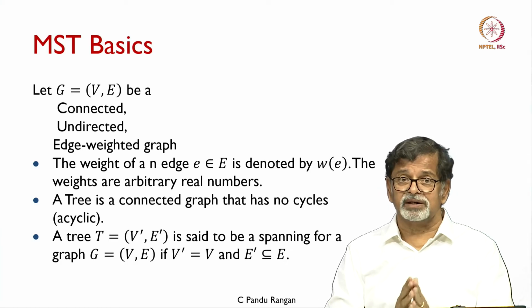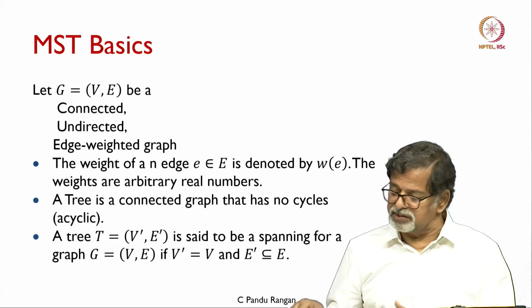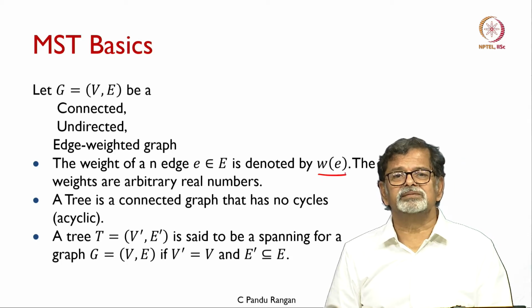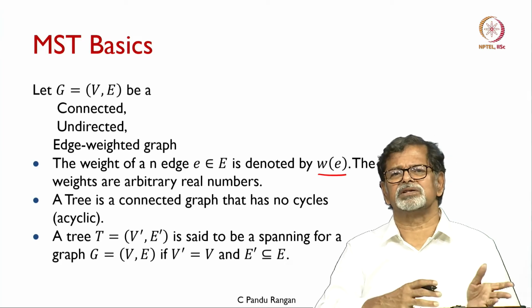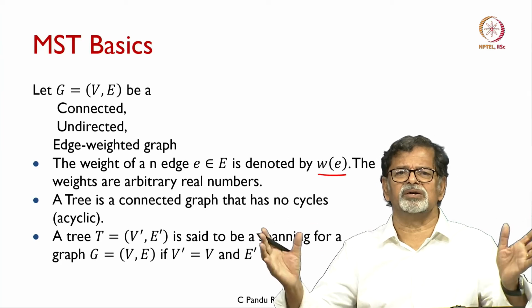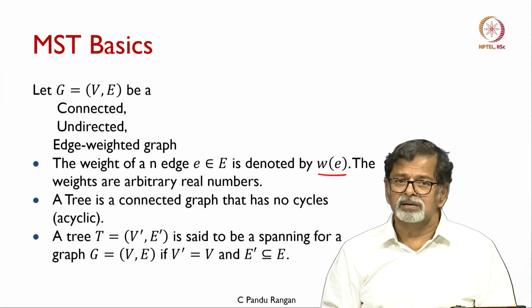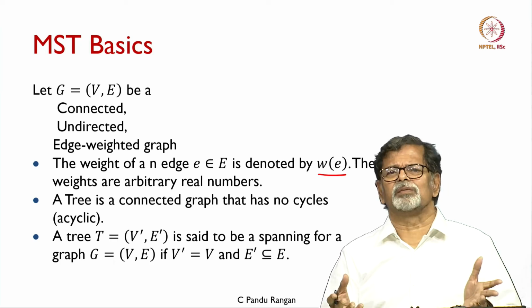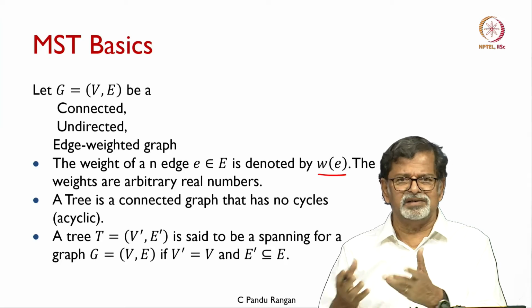This is edge weighted, each edge has got a weight, and the weight of an edge is denoted by W of E. As usual, W of E could be arbitrary, it could be positive, negative, 0, any value. We put no restriction on the weight, and the weights are arbitrary real numbers. For all practical purposes, we can take them to be arbitrary integers.